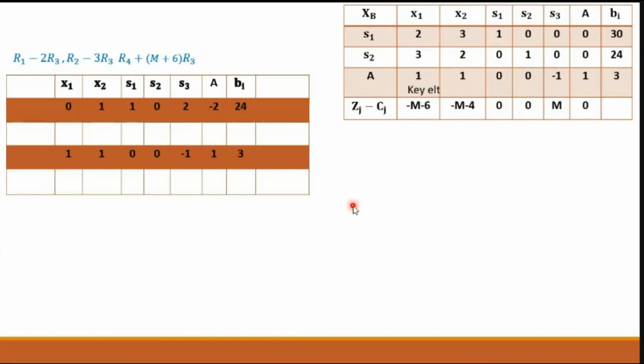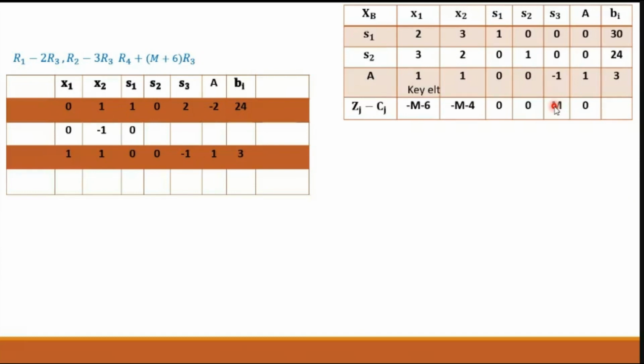Now tell me what will be the second row. R2 minus 3R3. The first element is 0. What will the second element be? -1. Okay. Third element 0 minus 3, that is 0.